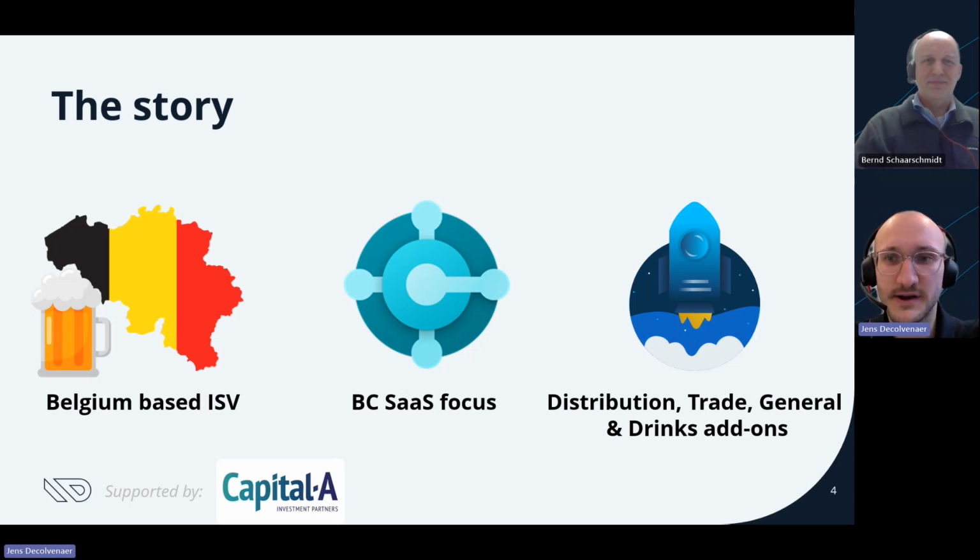And last but not least, we are backed by Capital A venture capital firm that supports our growth. So that allows us to really keep on working on our app portfolio. So the apps you see today, they keep on evolving. We keep on working on improving those, mainly working around the input we get from partners.